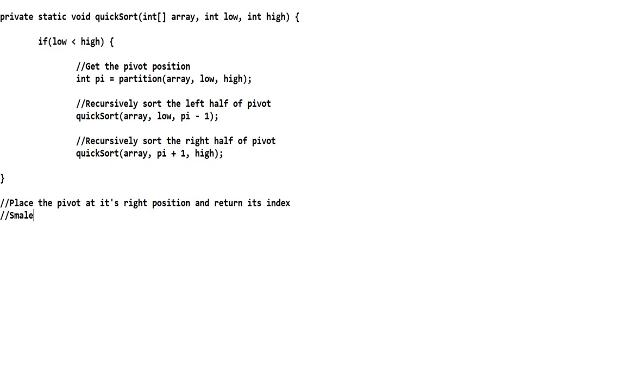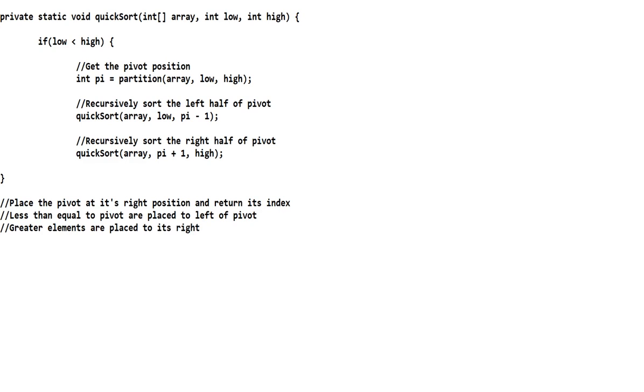All the smaller elements, all the elements which are less than or equal to pivot are placed to the left of pivot, and all the greater elements are placed to its right.